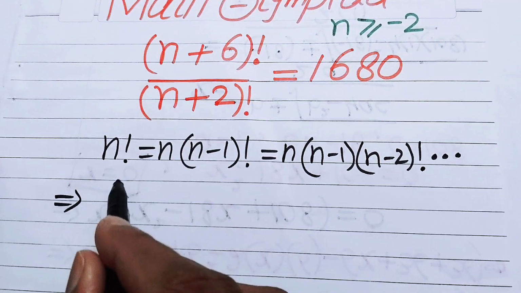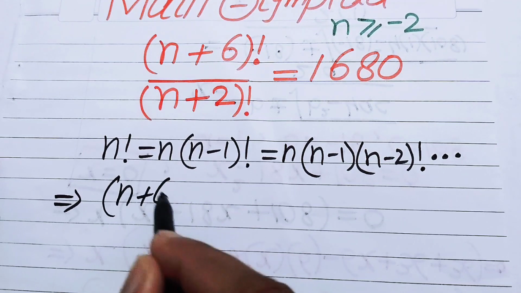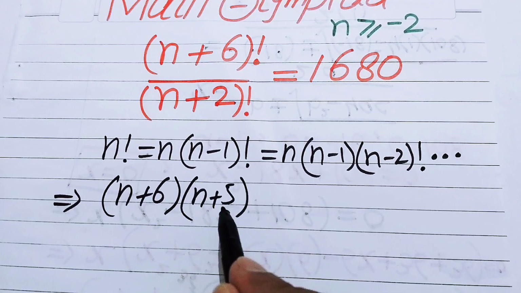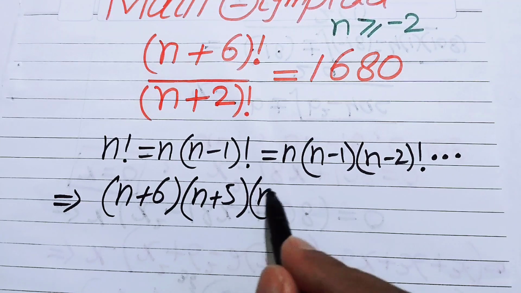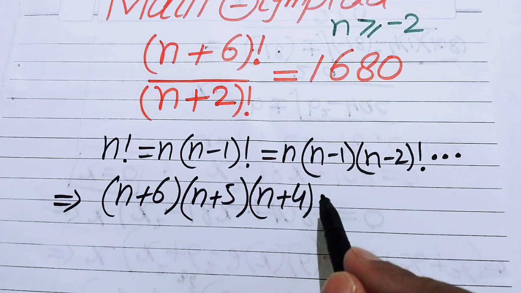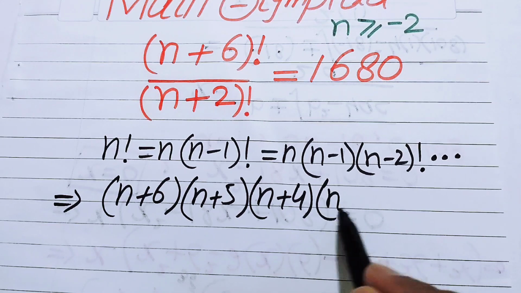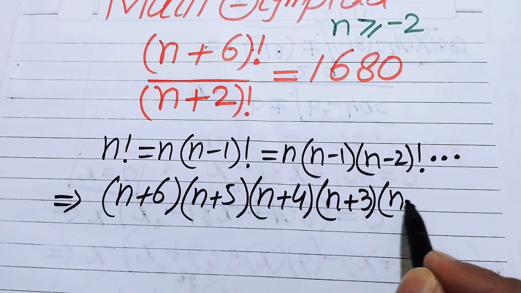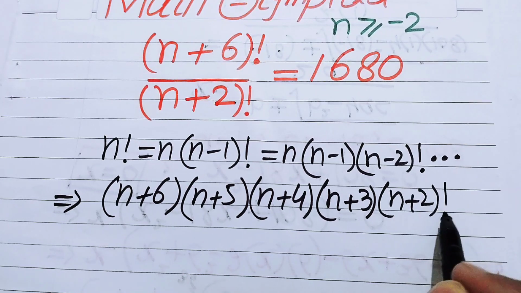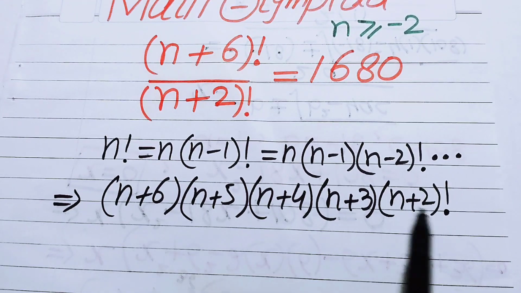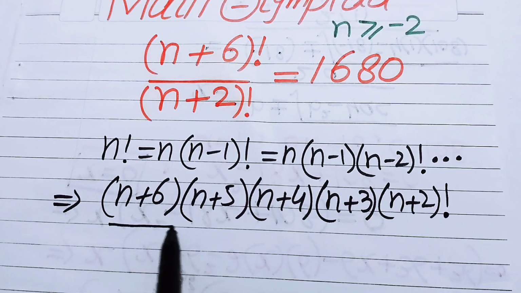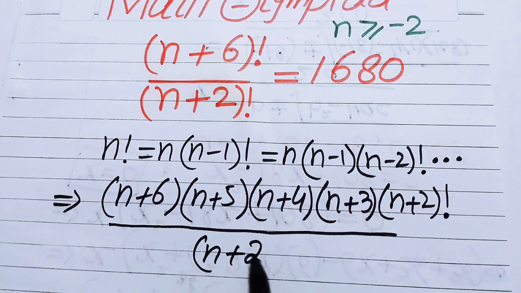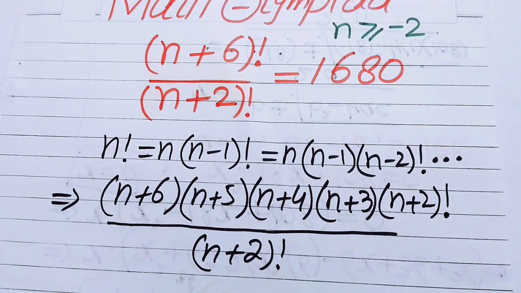First you write this as n+6, and we decrease 1 and you get n+5, and we decrease 1 from n+5 and you get n+4, and we decrease 1 here and you get n+3, and we again decrease 1 and you get (n+2) factorial. So I can just open (n+6) factorial up to the term of (n+2) factorial, and in the denominator we have (n+2) factorial.